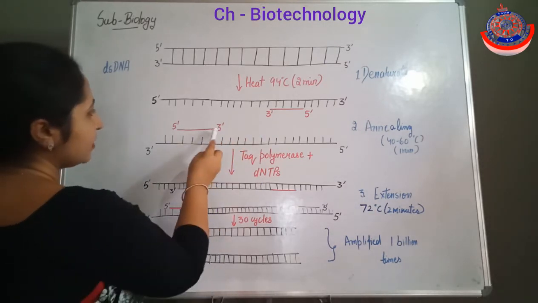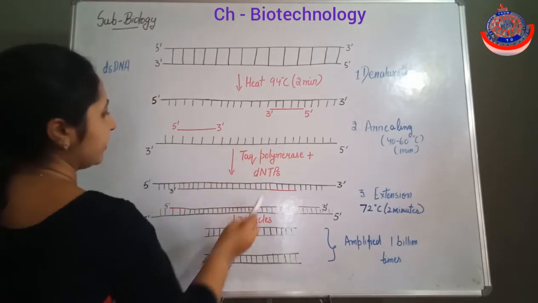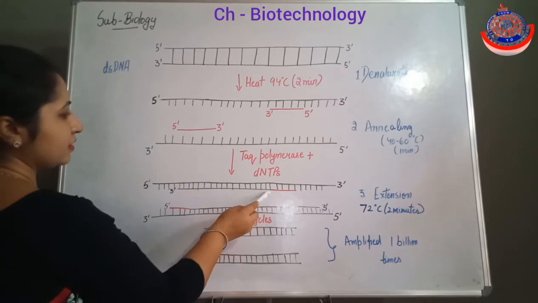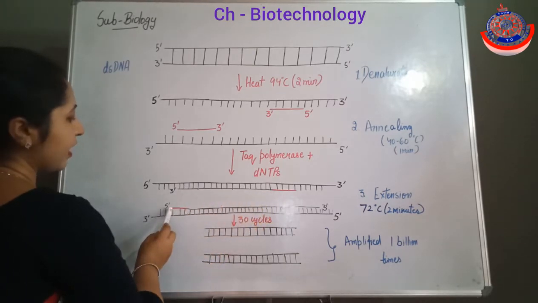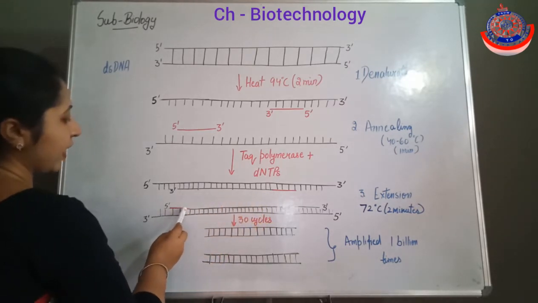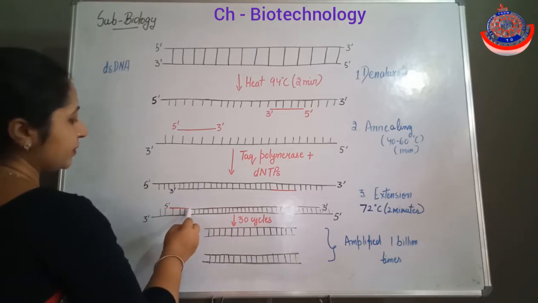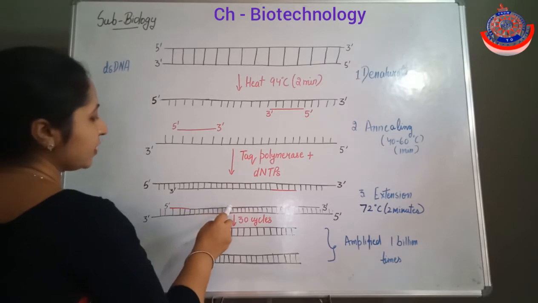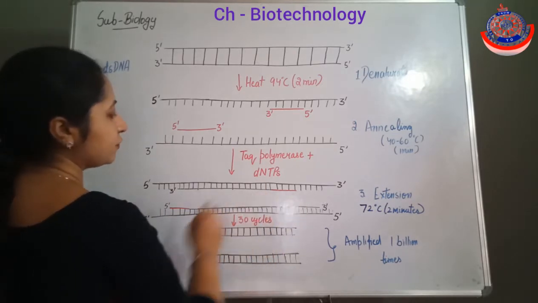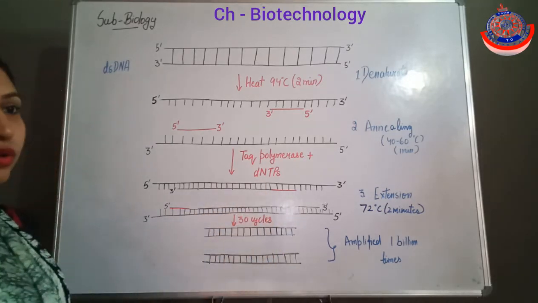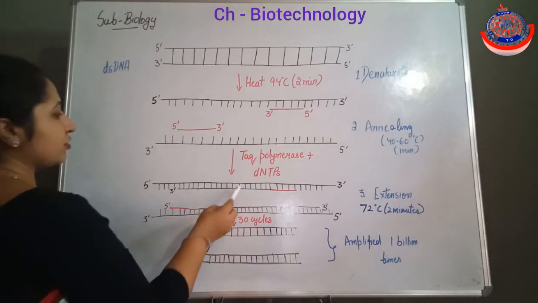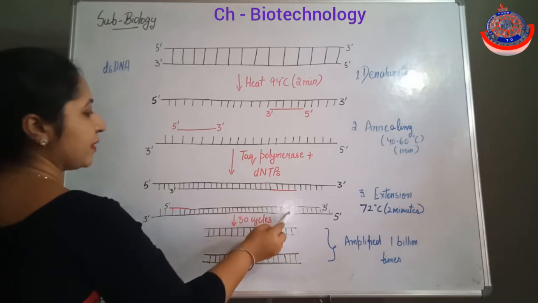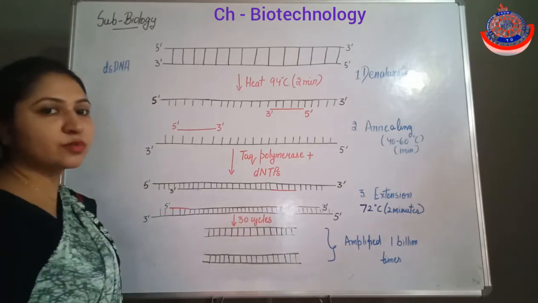In this manner, this strand gets extended from the primer, and from here also, from the primer, when the dNTPs are added on the 3' end, this is responsible for the elongation of the DNA strand. So now we have the daughter strands here, each one having a parental strand, meaning the semi-conservative mode of nature.